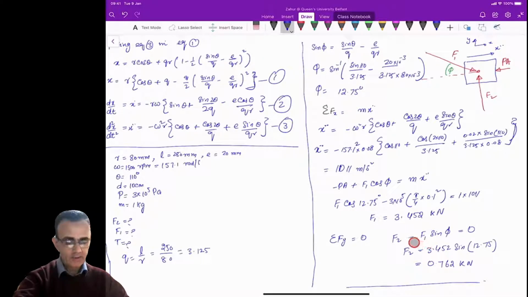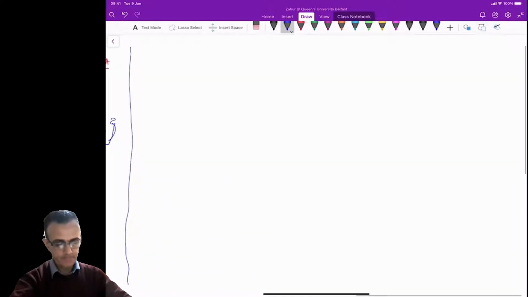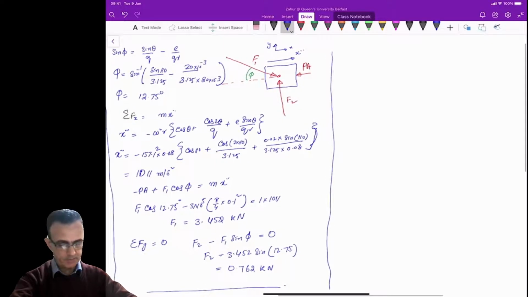Okay, finally we need to calculate the instantaneous torque here. To calculate the instantaneous torque, we will need to draw the free body diagram. So this was the free body diagram for the piston. Now we need to draw the free body diagram for the crank, and the angle is given, which is 110 degrees.